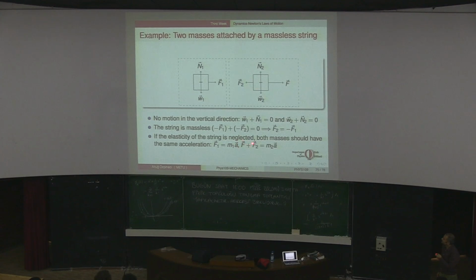Here is the plus direction. Here is F2. Components of F2, for example, if you take the x-axis, the x component of F2 will be negative.